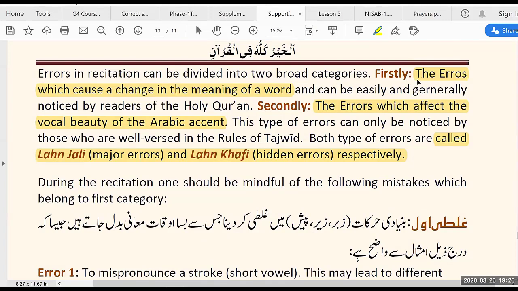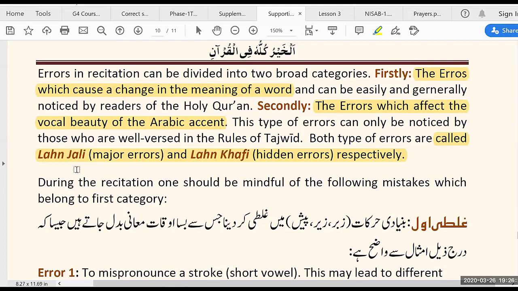And in the book, it is mentioned that there are 2 types of errors. Firstly, there are errors which cause a change in the meaning of a word. And then we have another type of errors which affect the vocal beauty of the Arabic accent.